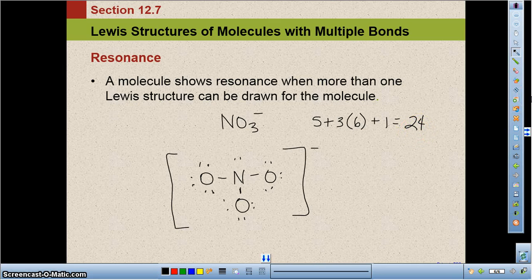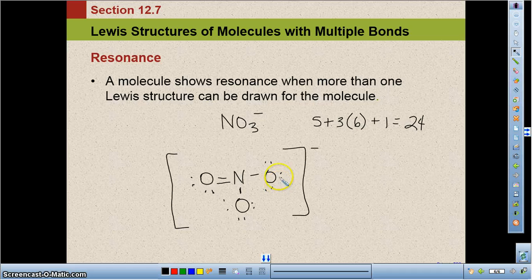Here's what's going to happen. If I were to erase this one and erase this one, for example, and in place of that put a double bond, we have taken care of making sure that the octet rule is still filled: 2, 4, 6, 8 on this oxygen, 2, 4, 6, 8 on the nitrogen, and we didn't touch these other 2.